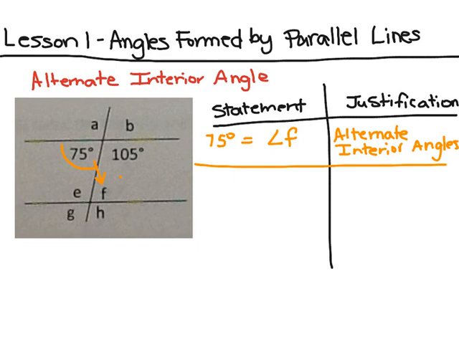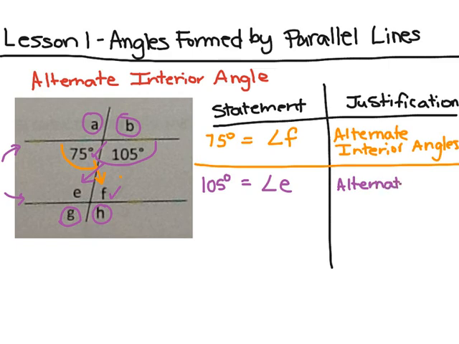And we have two angles left on the inside. Inside means between the lines. Exterior would be G, H, A, and B, because they're outside, but we want the inside. We've already used 75, we've already used F, so alternate from 105 is E. So 105 degrees is equal to angle E. And the reason is alternate interior angles.